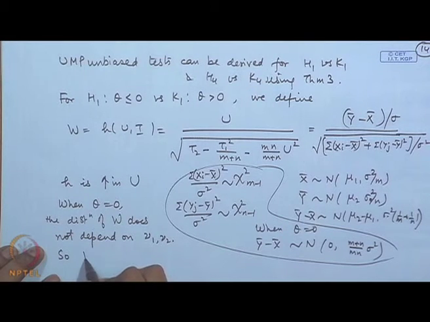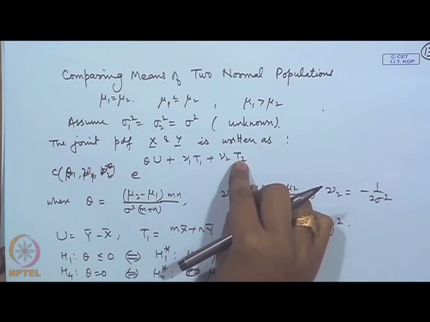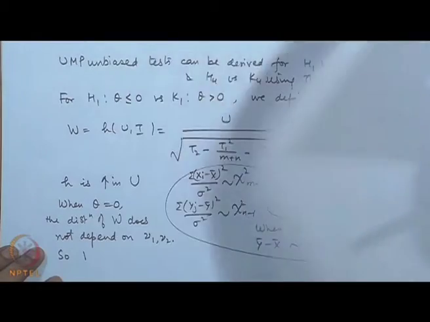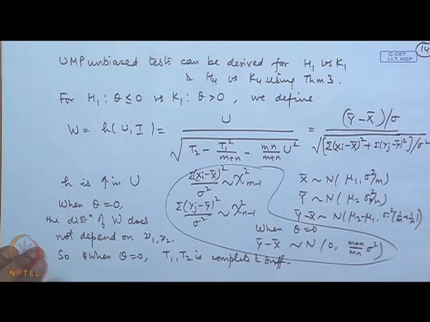So, when theta is equal to 0, T 1, T 2 is a complete sufficient statistic here. So, Basu's theorem is applicable here.